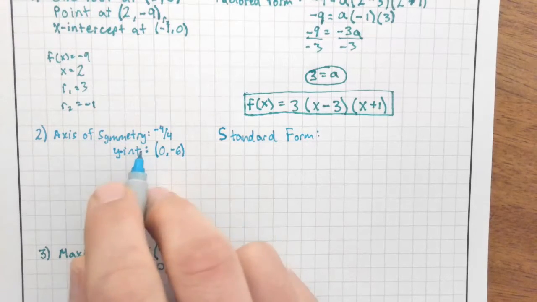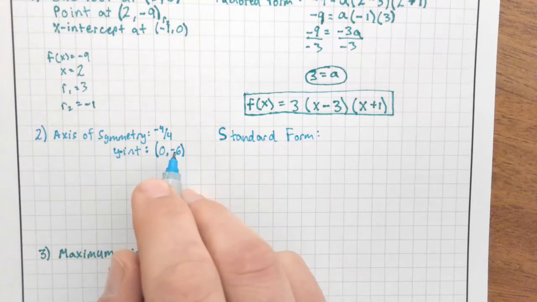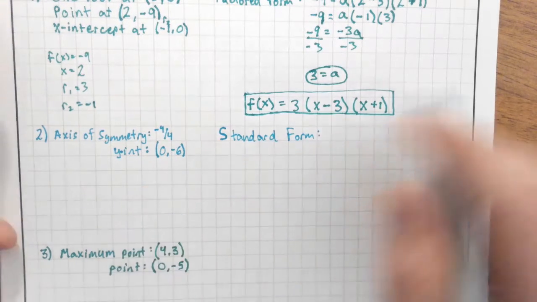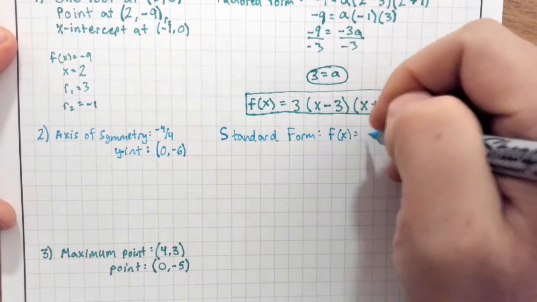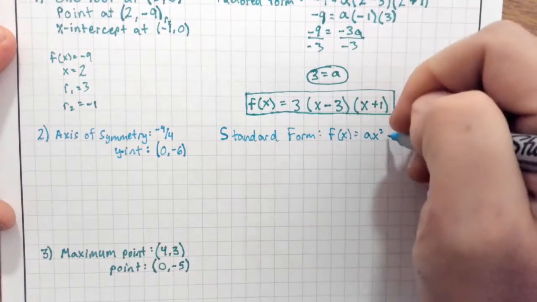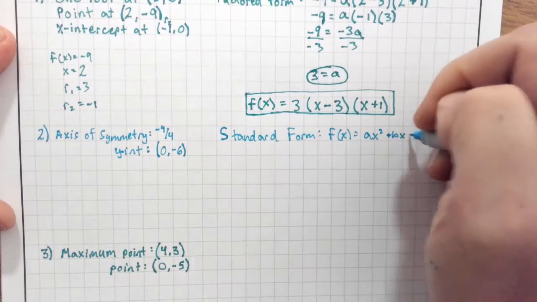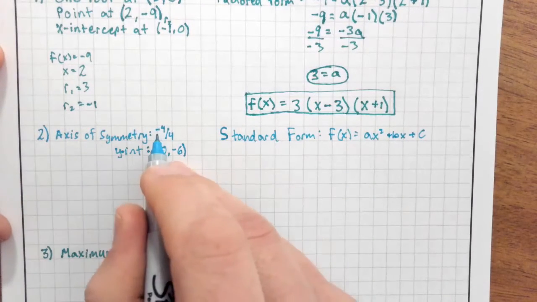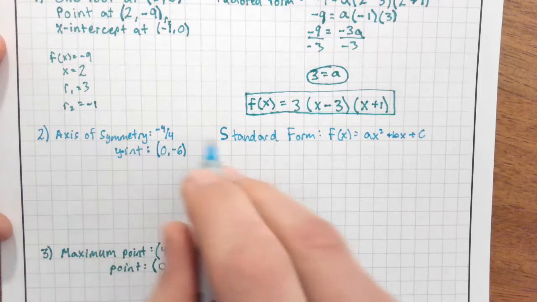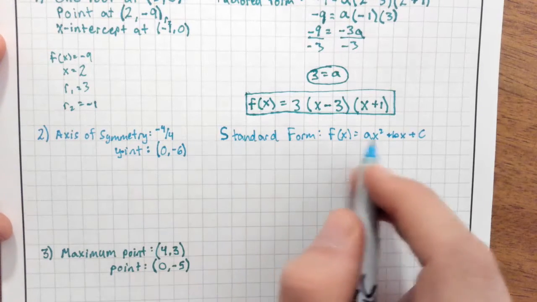Like I said, the y-intercept is going to give you the value of c. We already know that value on the end. Since you can't see the function anymore, I'll just rewrite it for you. f of x equals ax squared plus bx plus c. Standard form of a quadratic.